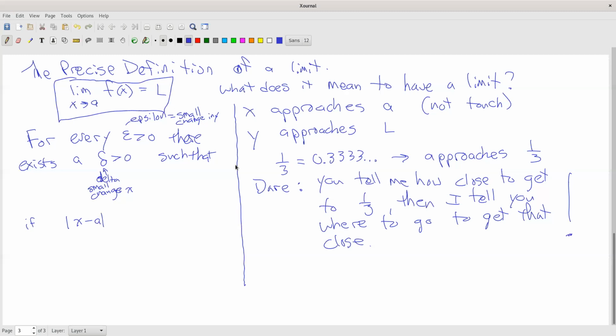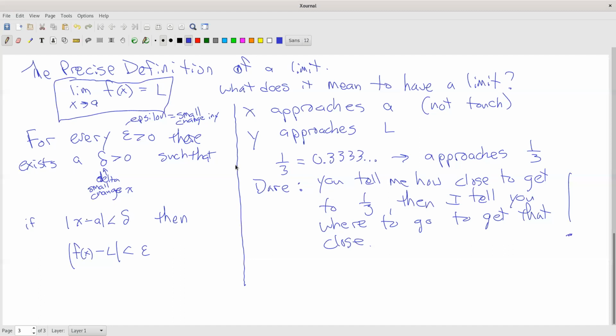So x is changing, a is fixed. If that right there is less than this little number delta, then the difference between f of x and the limit in absolute value, because it could be above or below, left or right, that's going to have to be less than epsilon.